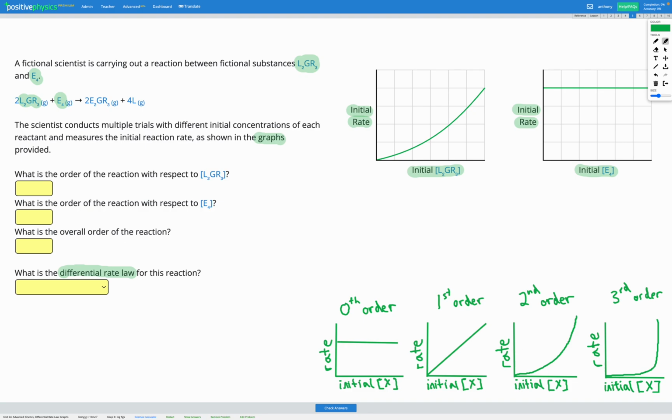So first looking at our order of reaction with respect to L2GR3. That's this graph here. We can see it's a curve. It's a gentle curve. It's not super dramatic. So that's a quadratic curve. That's our second order graph down here. So L2GR3 is going to be second order.